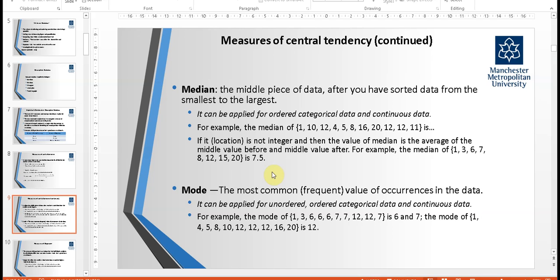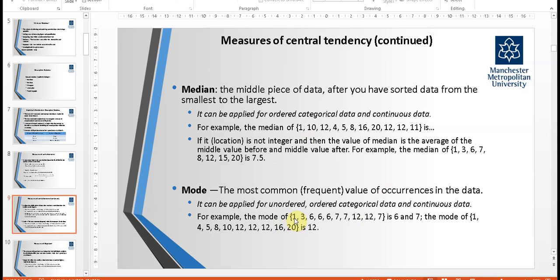Instead, mode calculates the frequency of certain values appearing in that series of data. So it basically looks at which value has appeared most often in that series of data.